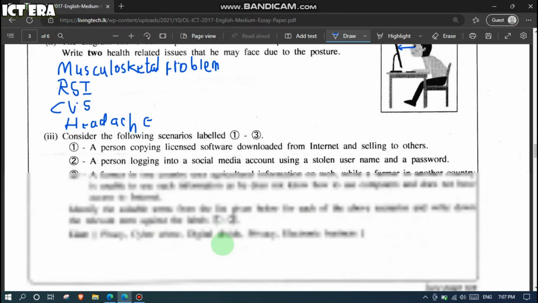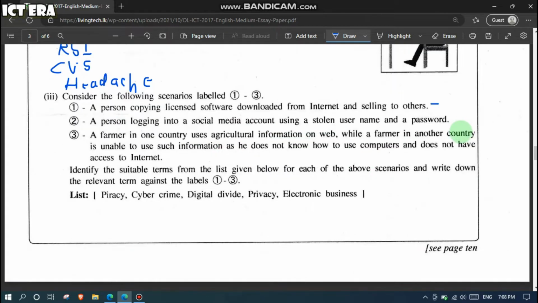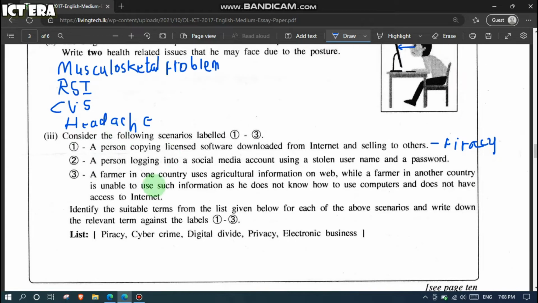That much. Consider the following scenarios labeled 1 to 3. 1. A person copying licensed software downloaded from internet and selling to others. It is piracy, right? Piracy. A person logging into a social media account using a stolen username and password. It is cyber crime.